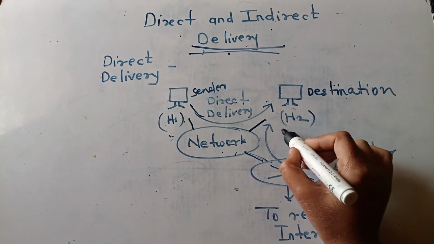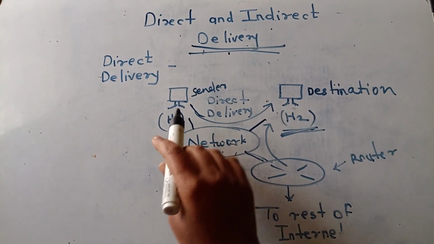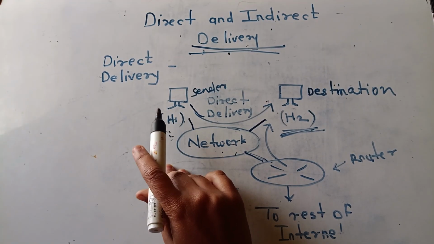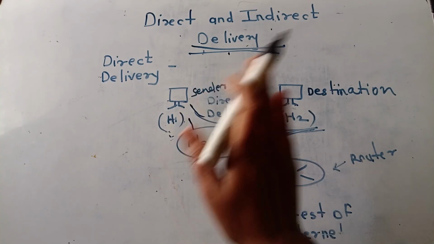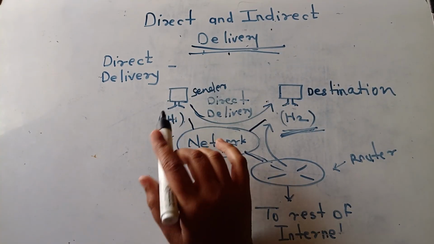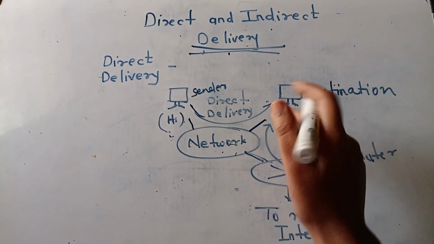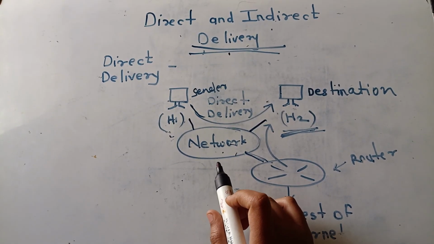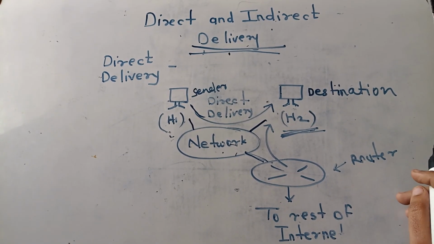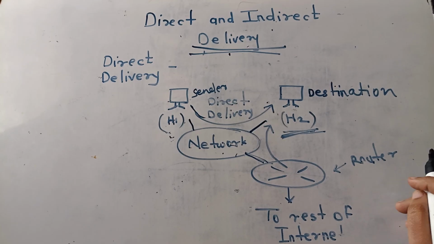If H1 is sending IP packets and the destination of the IP packet is H2, and both devices are connected to the same physical network, then this is direct delivery. Direct delivery occurs when the source and destination of a packet are located on the same physical network, or when delivery is between the last router and the destination host.